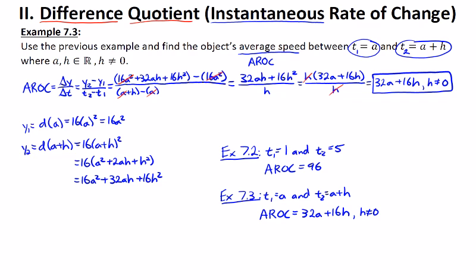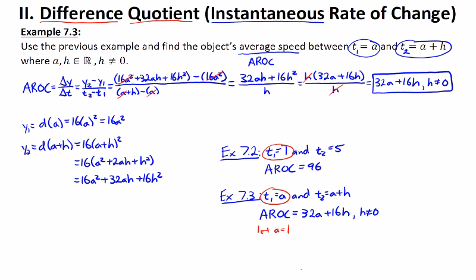So I should be able to get the same result if I choose the correct values. So here's what I mean by that. If I look at t1 equaling 1 and t1 equaling a, that would imply that I need to let a be equal to 1 in order for these two examples to actually correlate to each other.